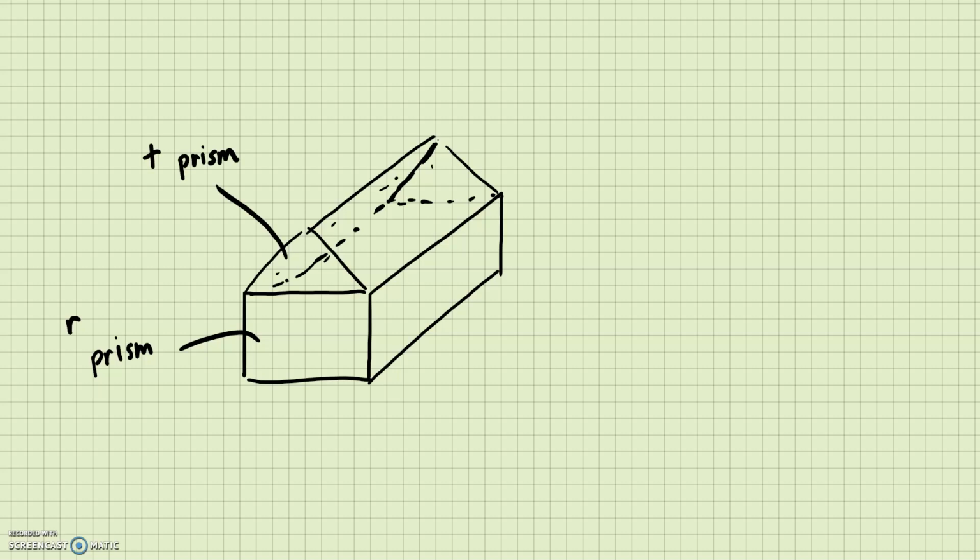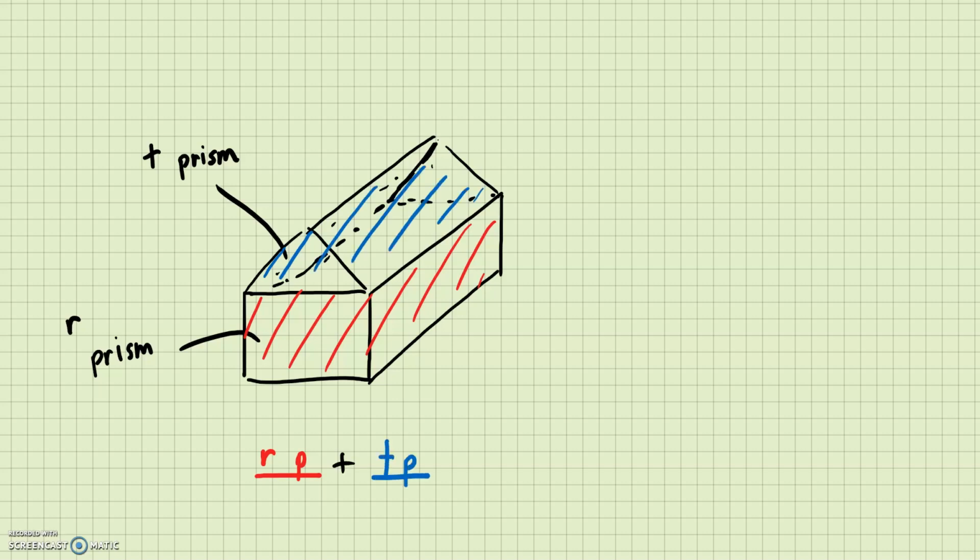But the way you find the total volume is the same. You just find the volume of this rectangular prism, let's call it RP, and then add that to the volume of the triangular prism. Let's see how that would look.